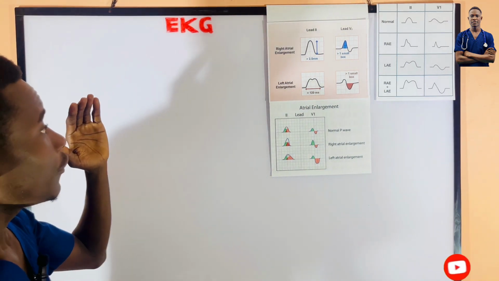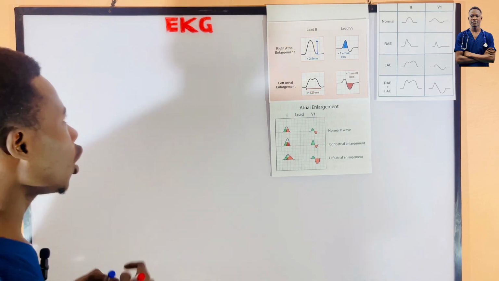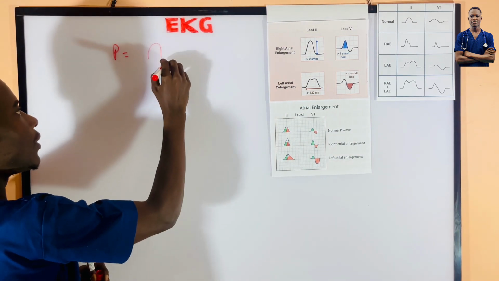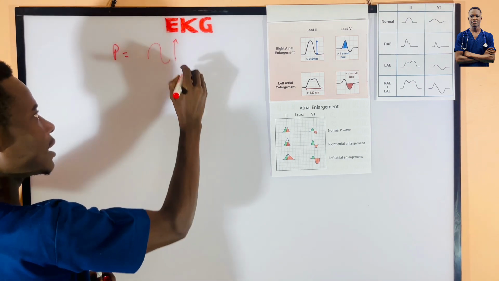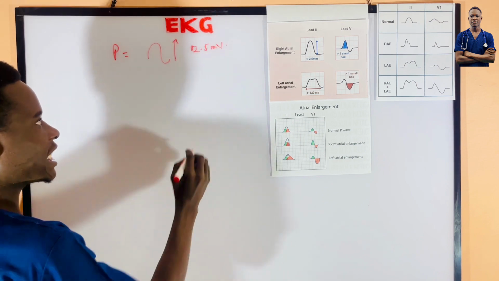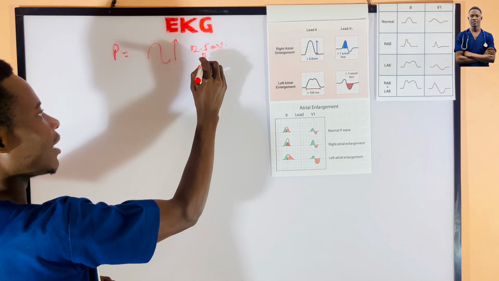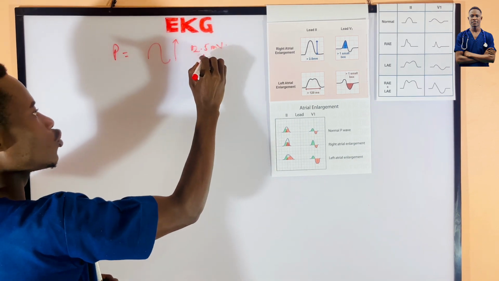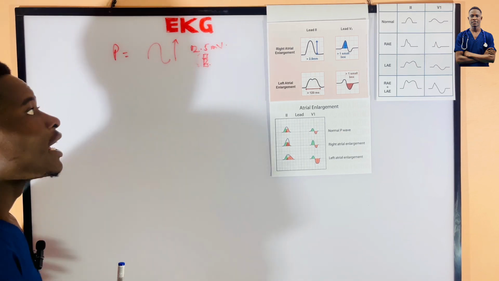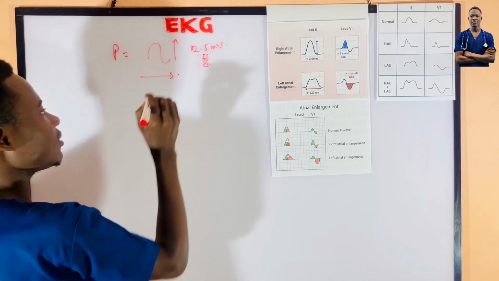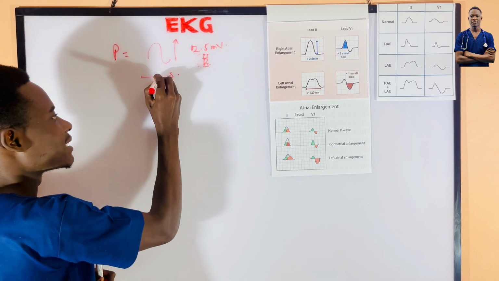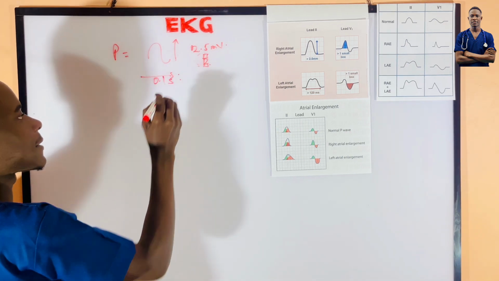Now, if we take the P wave, we all know that a normal P wave has a height of 2.5 millivolts. That means it has two and a half small boxes, and then the width is supposed to be 0.1 seconds.